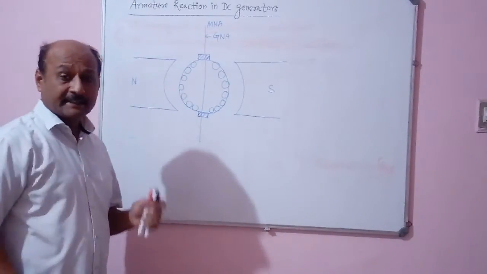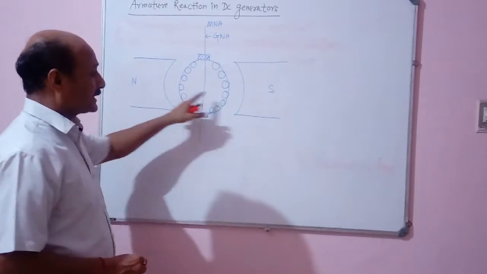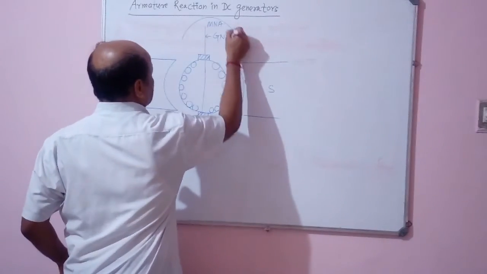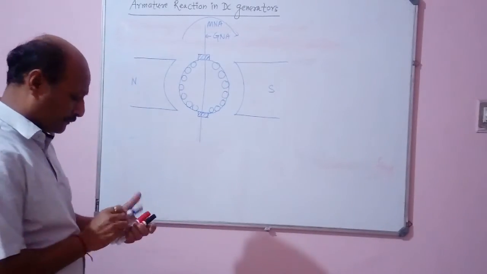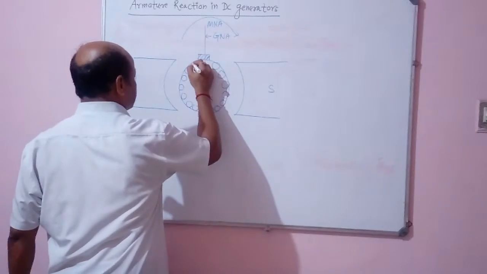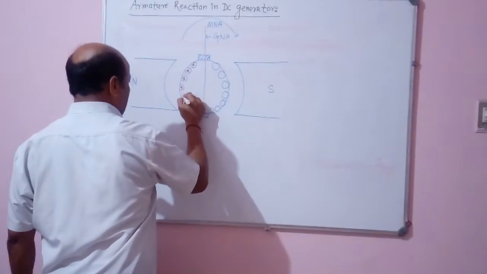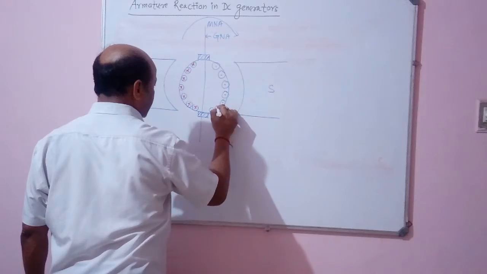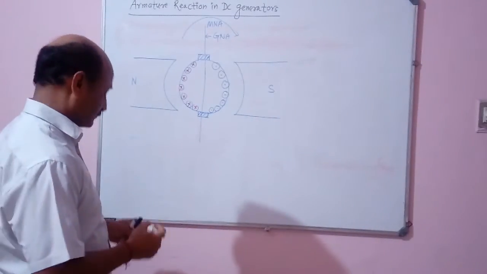So that is if they acted separately. But whenever the normal magnetic field as well as the armature conductor carrying current act, and the direction of rotation is clockwise, what happens? The current flowing in the conductor produces a magnetic field, and the magnetic field due to the N and S poles are both acting at a time.